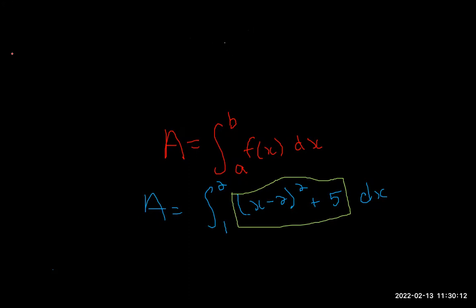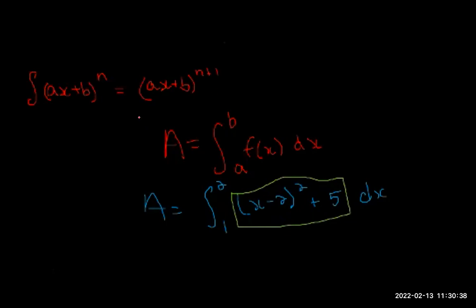There's a rule from before. I actually learned this a while ago. It says that if I'm required to integrate an expression of the form ax plus b to the power of n, then the integral is going to be (ax plus b) to the n plus 1. So you're still doing your n plus 1, just like the basic rule of integration. This is where it's different, too.